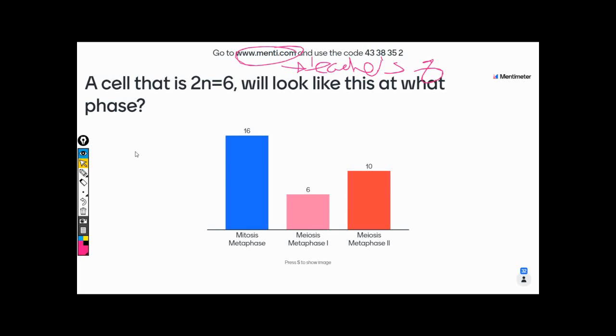Okay, when you're complete, back 2 rows, you can go. Everyone else, you can leave.